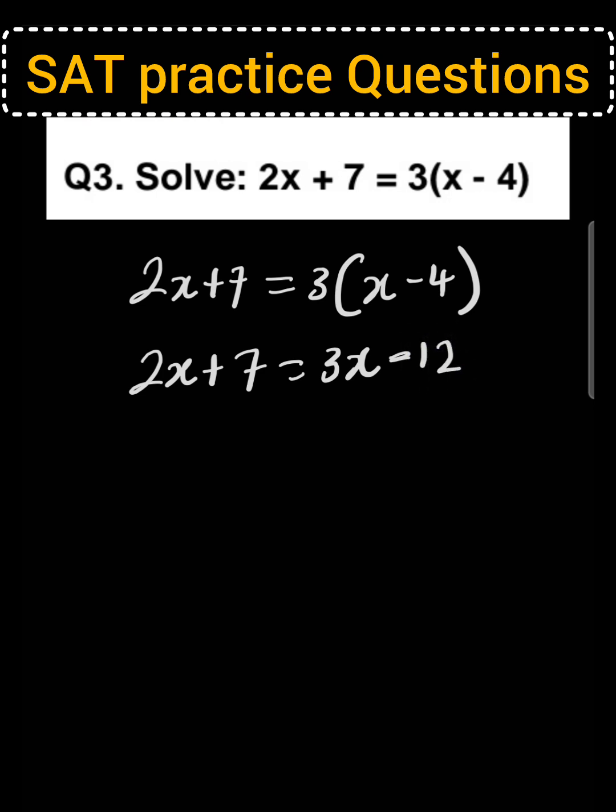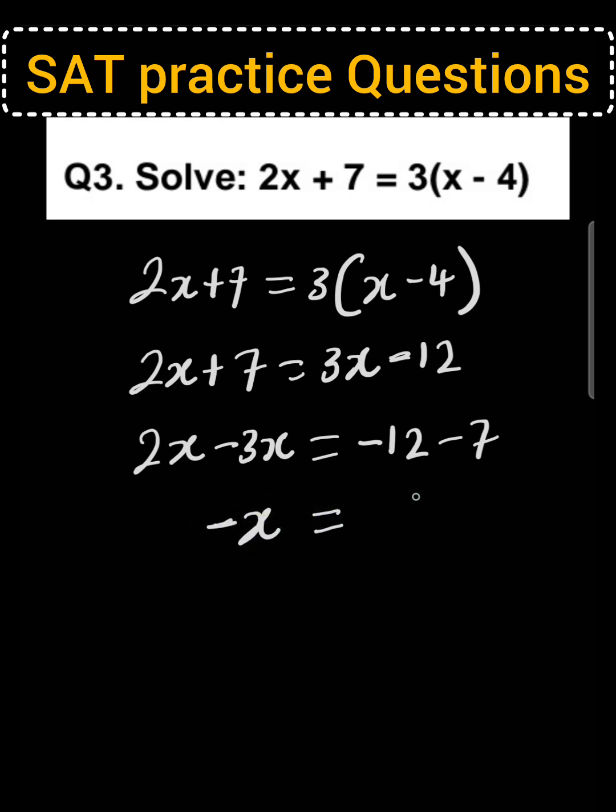Now we need to combine the like terms. Here we have 2x, then we have 3x here. When this 3x crosses the equality sign, it's going to become negative 3x, which is going to be equal to, here on the right hand side, we have negative 12. And when this positive 7 crosses the equality sign, it's going to be negative 7. So we're going to have 2x minus 3x, which gives us negative 1x, equal to negative 12 minus 7, which gives us negative 19.